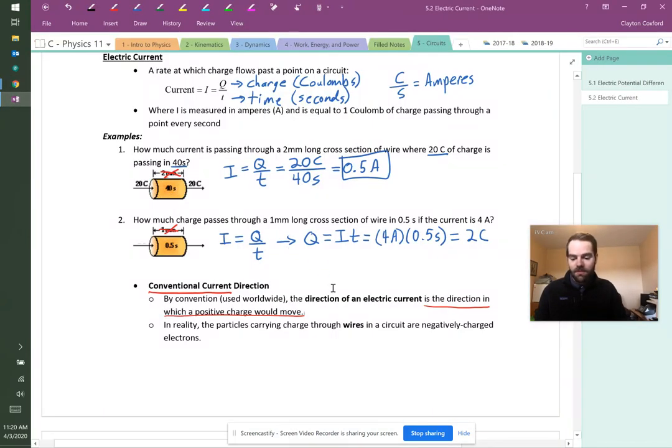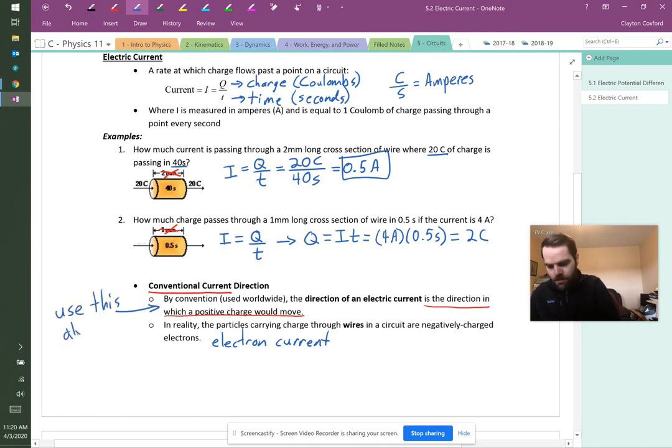That's what we're going to use. So conventional current versus what we call electron current. We're going to use conventional current always, but it's good to understand that electrons are the things that are actually flowing.